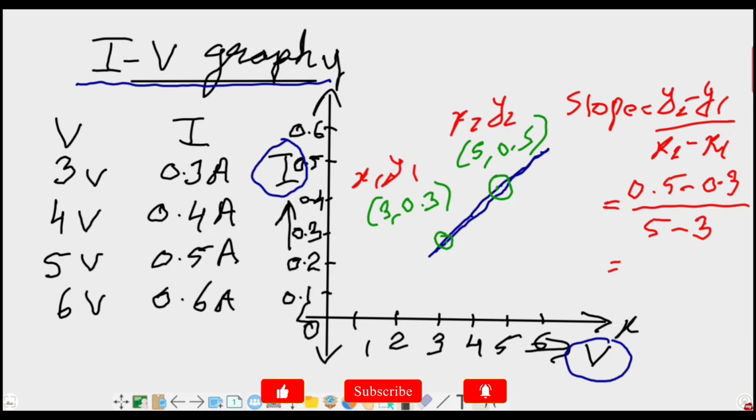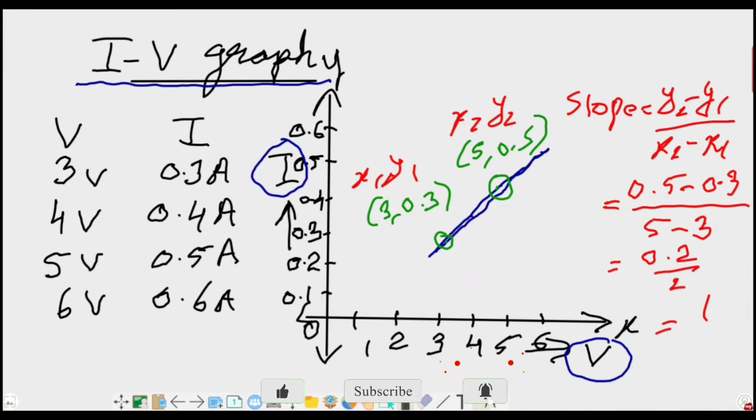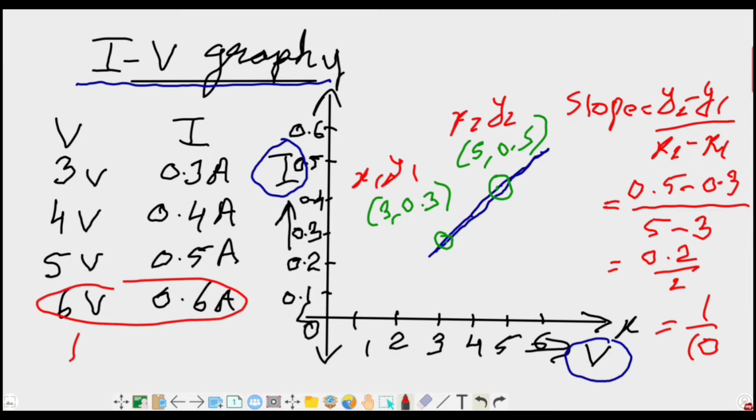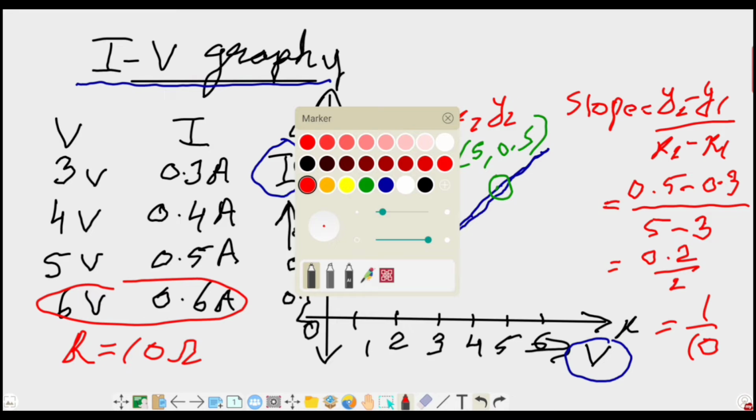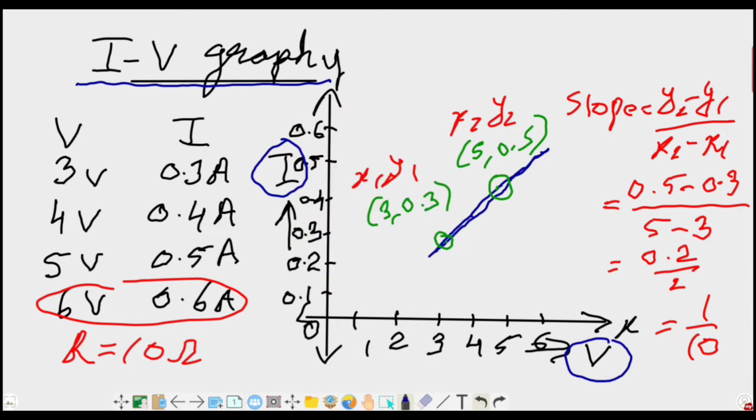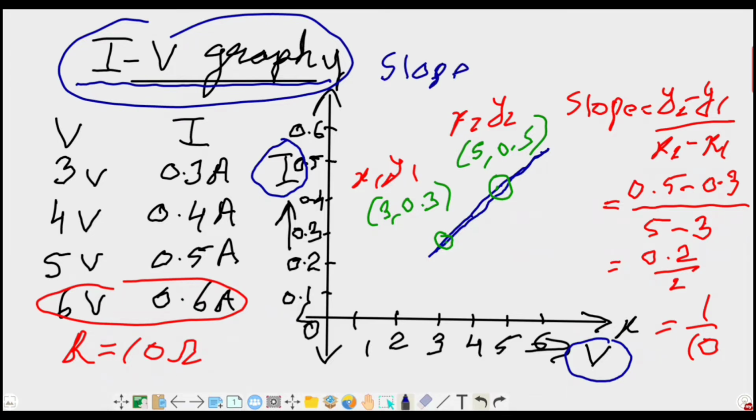So it will be 0.2 upon 2. That will be 1 by 10. We have already found that the resistance here is 10 ohms. So here the slope is the reciprocal of resistance. So what have you concluded? When you take the IV graph, the slope will always give you the reciprocal of the resistance. But when you take the VI graph, the slope will directly give you the value of resistance.